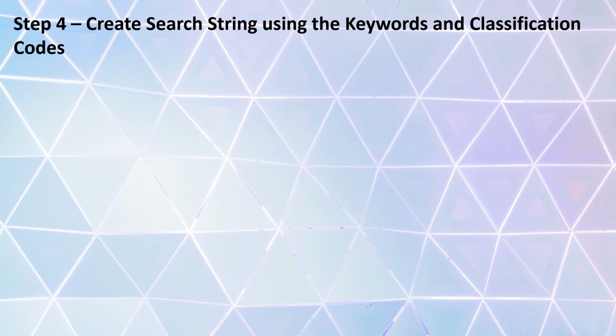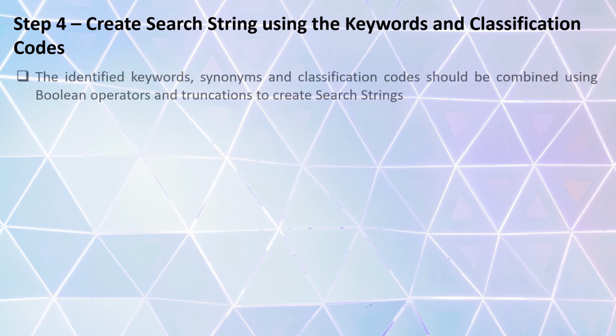Once you have identified the relevant keywords and the classification codes, the next step is to create search strings using them. Search strings are sometimes also referred to as key strings.